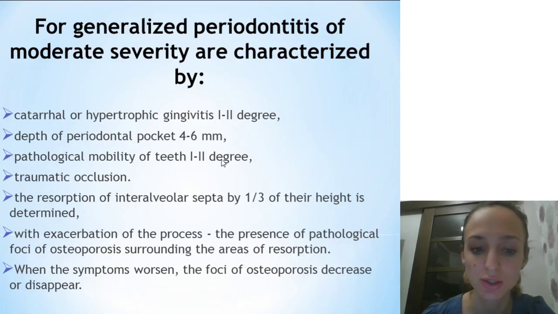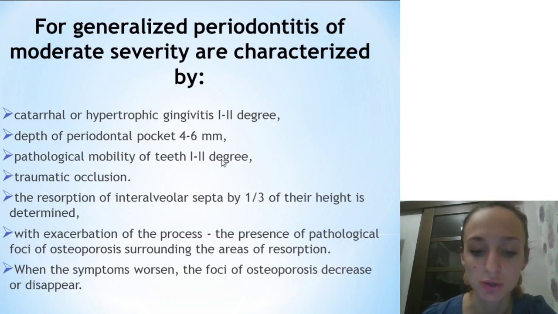It is necessary to differentiate generalized periodontitis of mild degree from catarrhal or hypertrophic gingivitis. Distinctive clinical signs of periodontitis are destruction of the dentogingival junction, loss of integrity of the epithelium of the dentogingival sulcus, and its ingrowth into the forming periodontal pockets.